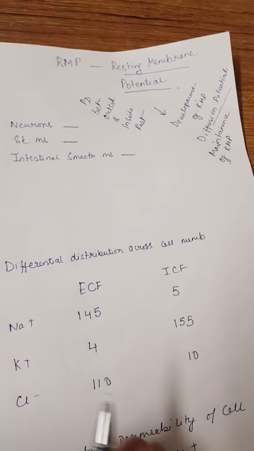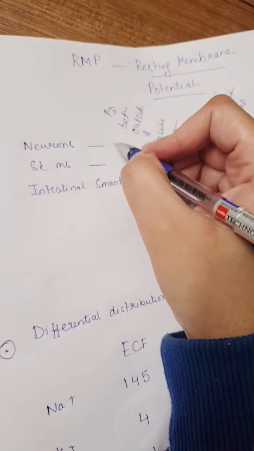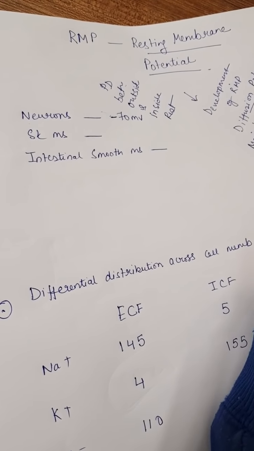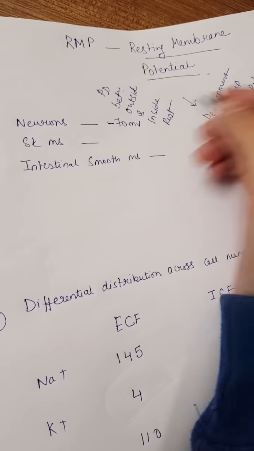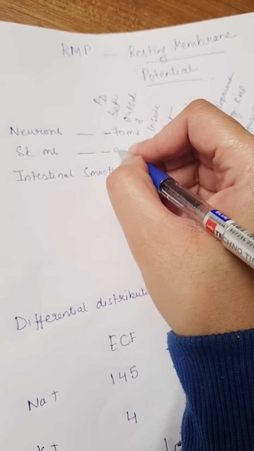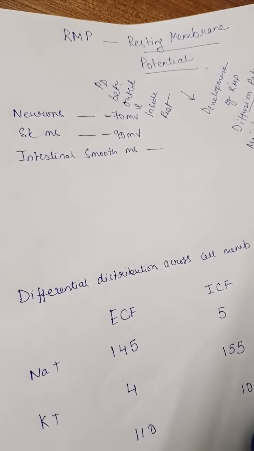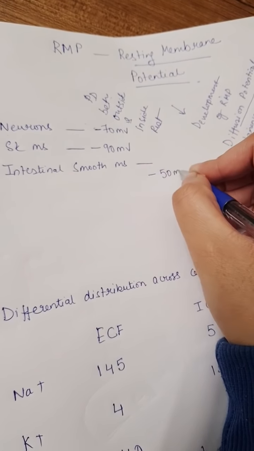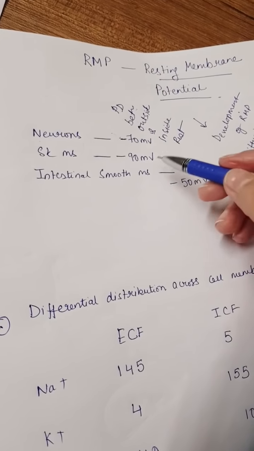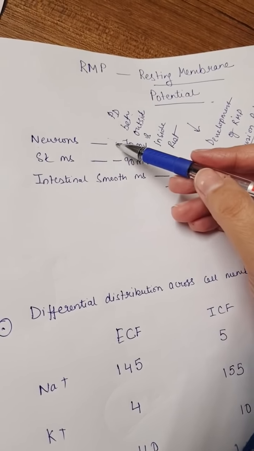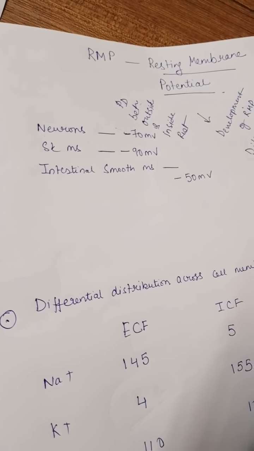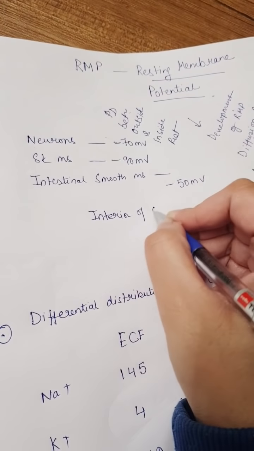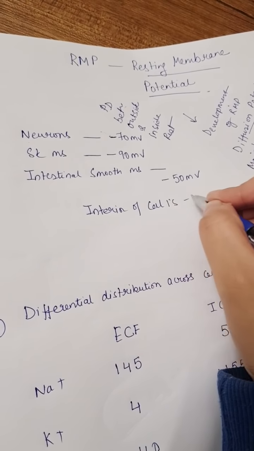Neurons have a resting membrane potential of -70 millivolt, while skeletal muscles have a resting membrane potential of minus 90 millivolt. And intestinal smooth muscles have a resting membrane potential of minus 50 millivolt. Okay, so you can see these are all in millivolts and these are all negative. This implies that the interior of the cell is negative.